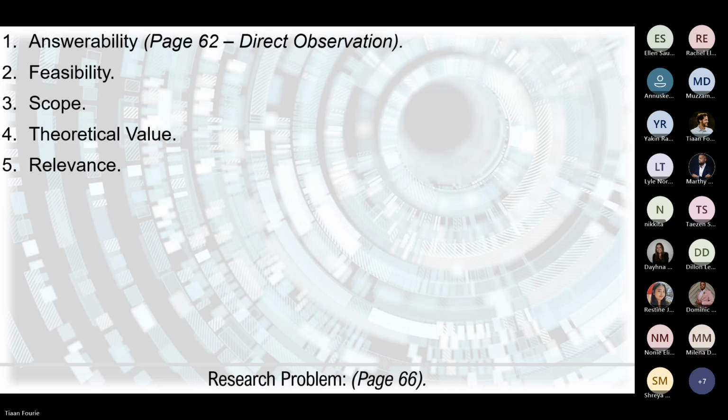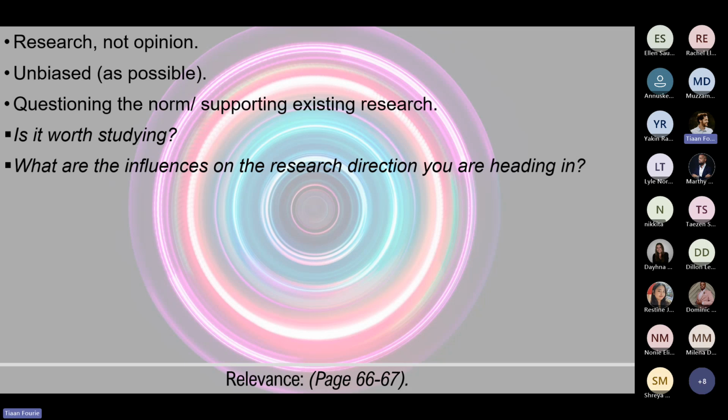These five criteria are based on a research problem, and you can go and read on pages 62 to 66 of your textbook. What I need to see in your relevance is that it's actually research and not your opinion. It should be as unbiased as possible.